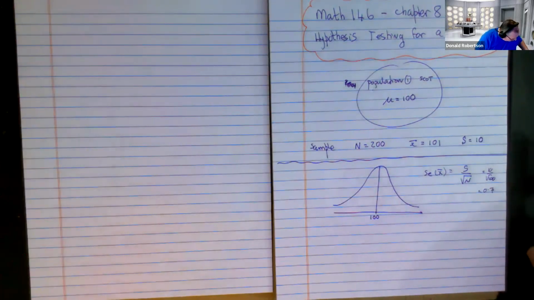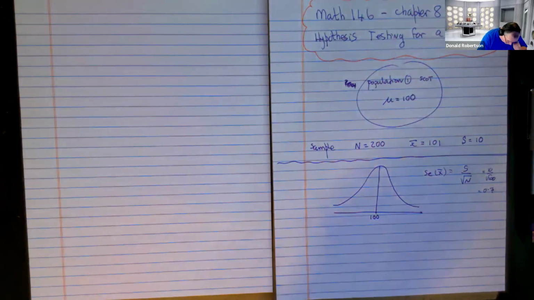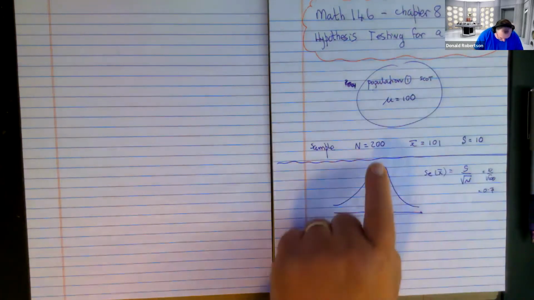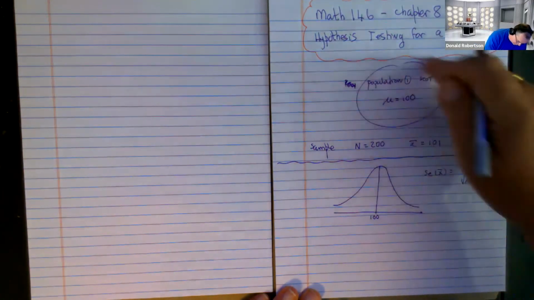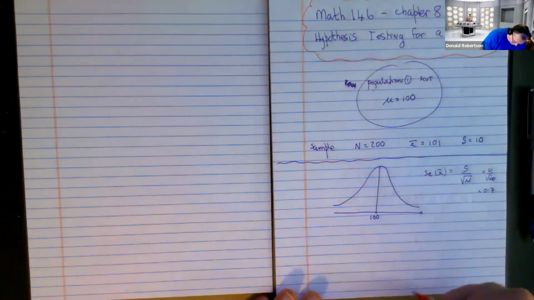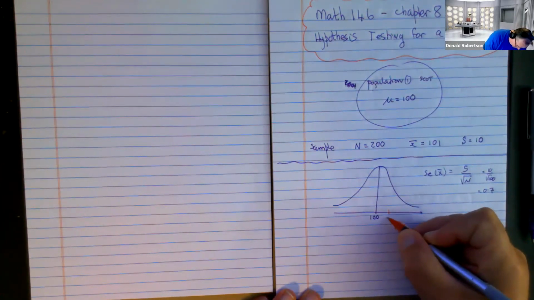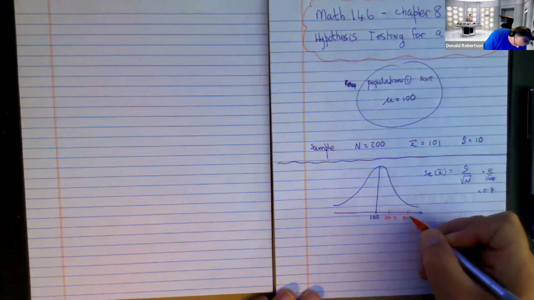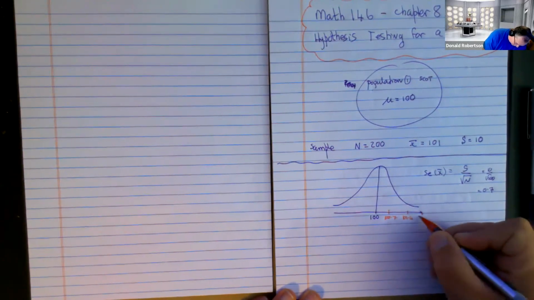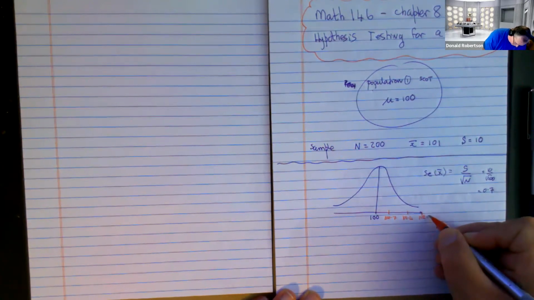And so if you were going to look at all the samples that you could get from this population, and you chose a sample of size 200, if the population mean was still 100, this is what you would get. You'd get a 0.7, so that'd be 100.7, and then 101.4, and then 102.1.